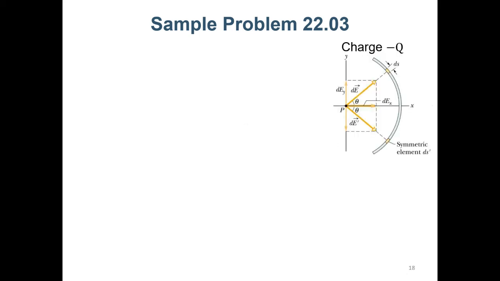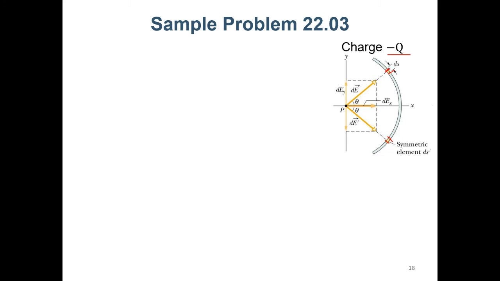So you can always find ds, which is symmetric to ds prime with respect to the x-axis. So it's just a mirror image. Actually this is negative charge.